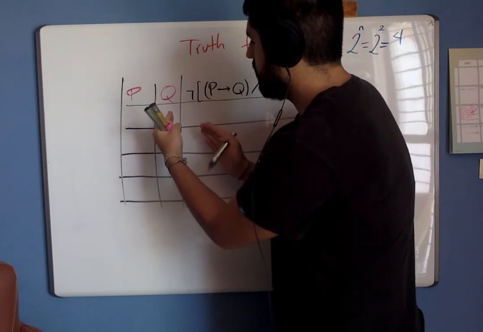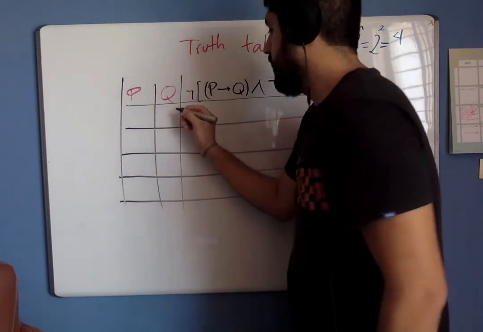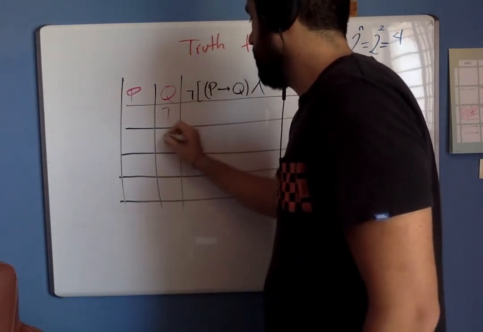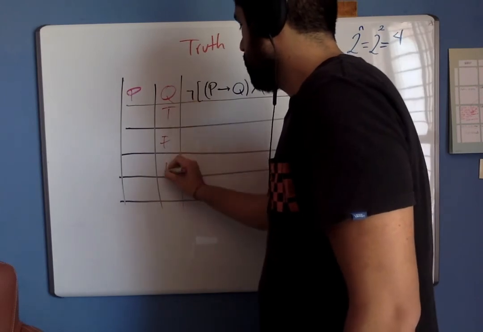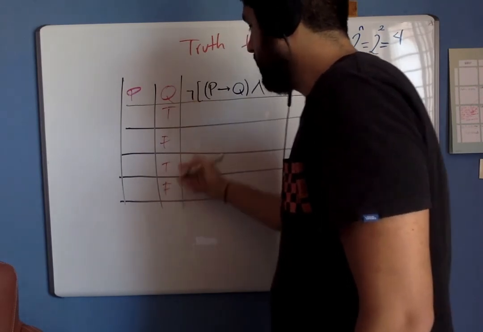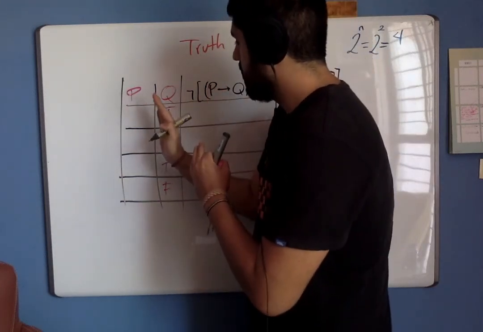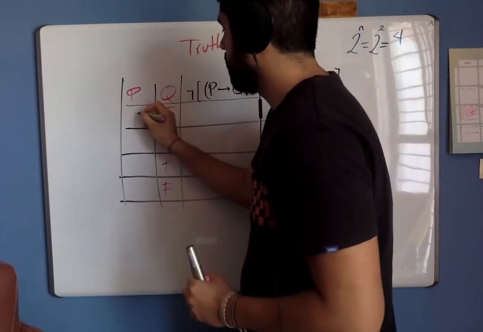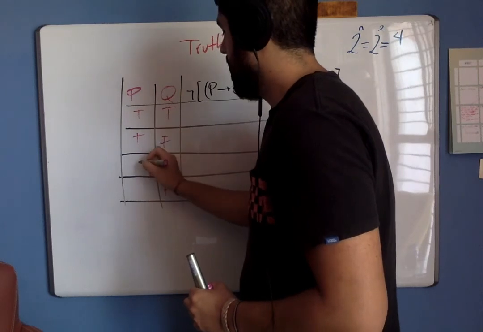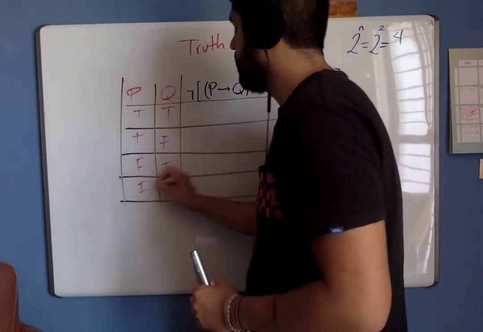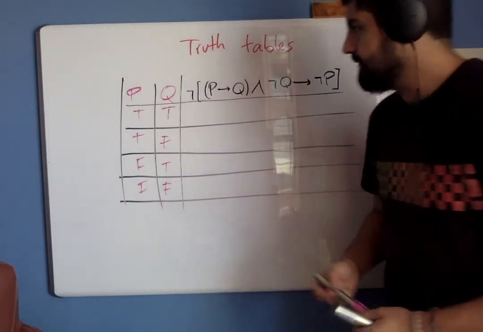In this case, we start with Q and alternate true and false until we finish. Then in the following column to the left, we alternate 2 times true and 2 times false. As simple as that.